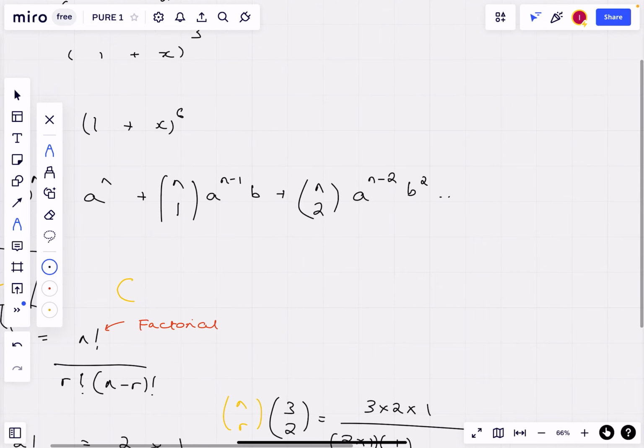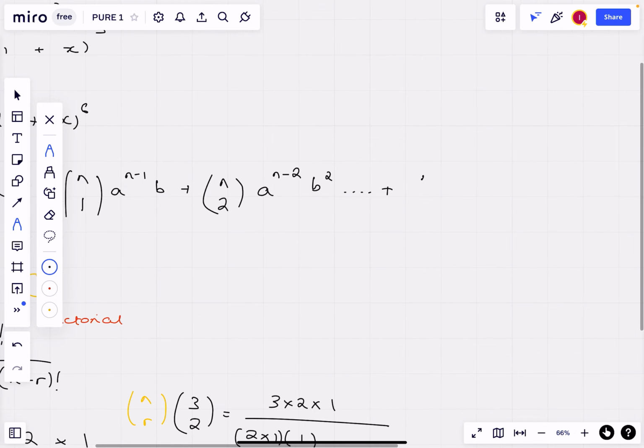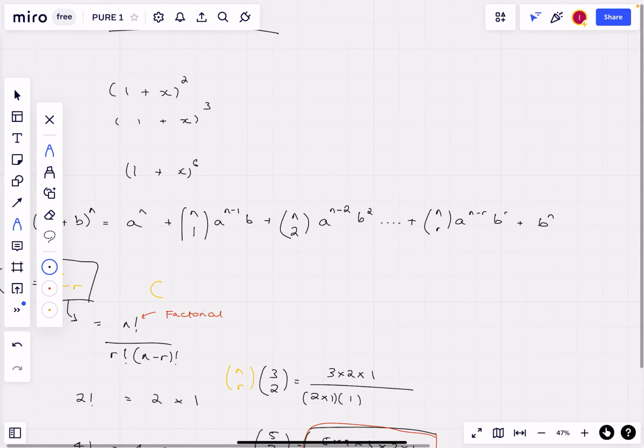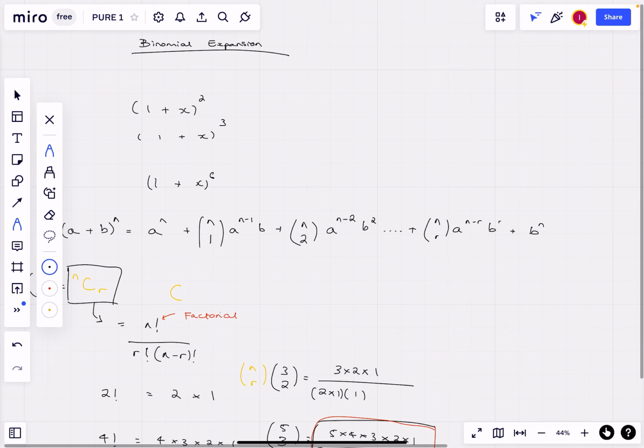And that will continue until you have nCr, a to the power of n minus r, b to the power of r, plus, and then b to the power of n. That's going to be the last term. Okay, that was long and a little confusing. But once I take you through an example, you're going to find that it's actually relatively easy.